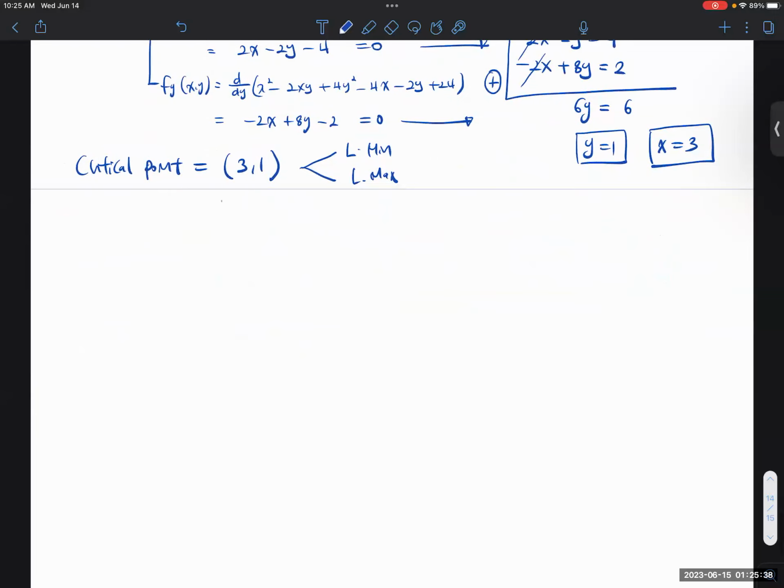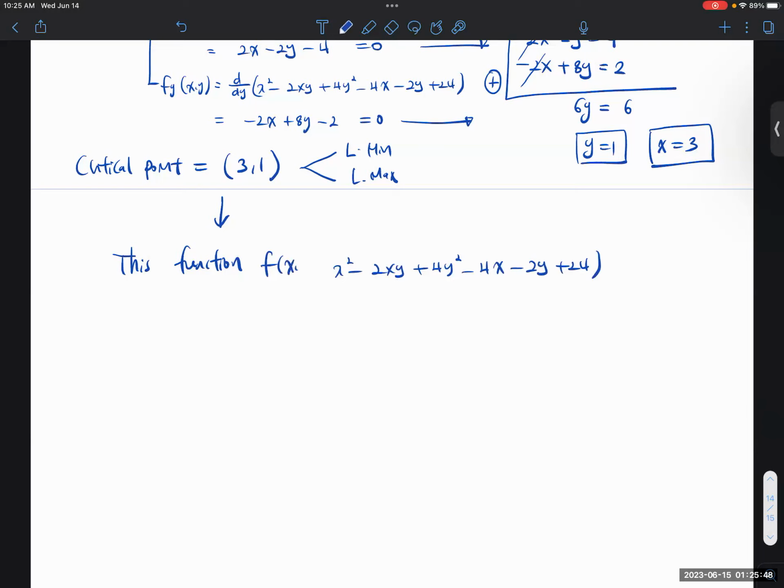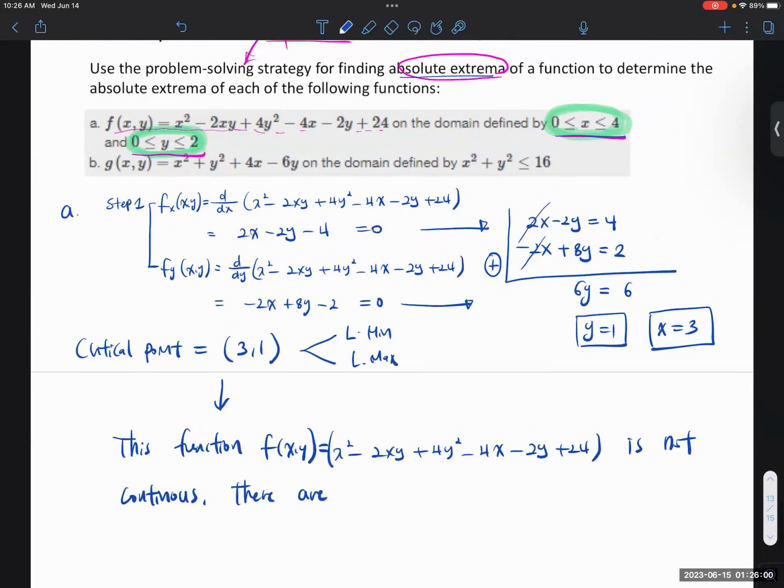So this function that is given, f(x, y), is not a continuous function, which means there are specific boundaries for x and y.